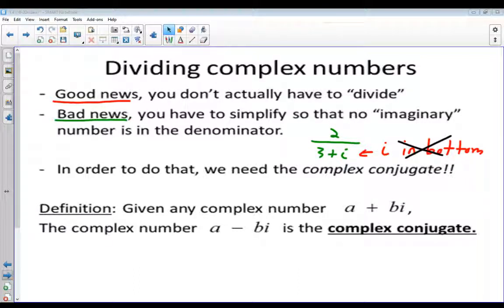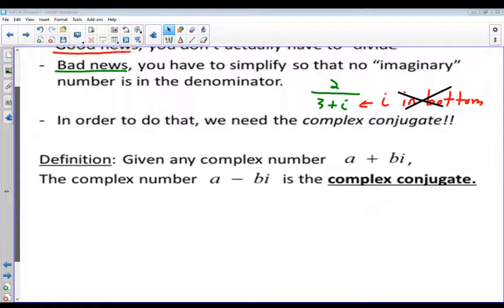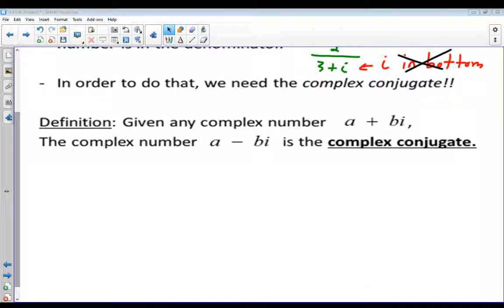So in order to fix it so that there's no i in the bottom, we need the complex conjugate. This may be new for some of you. The definition of a complex conjugate is basically, let's say you have a complex number, 2 plus 3i.